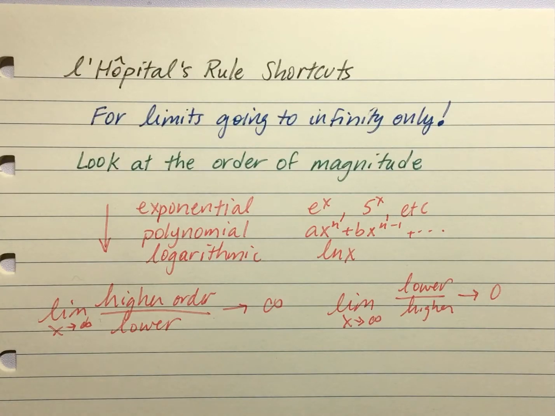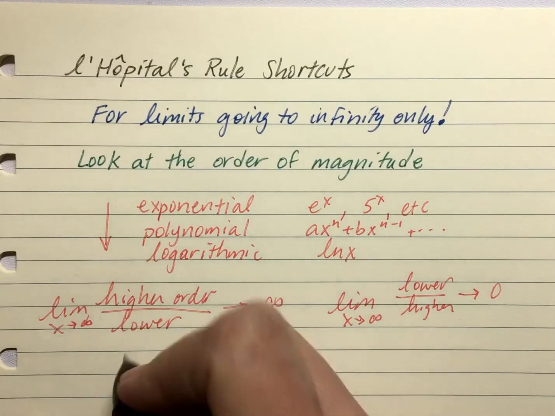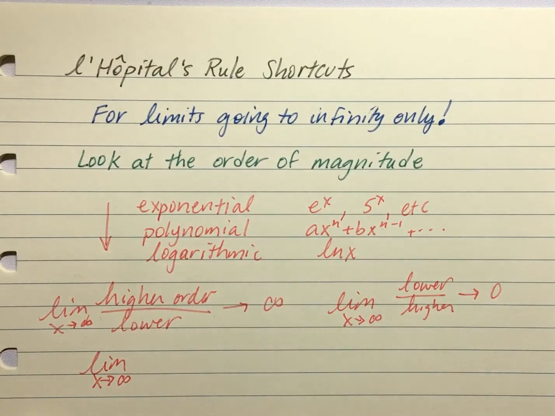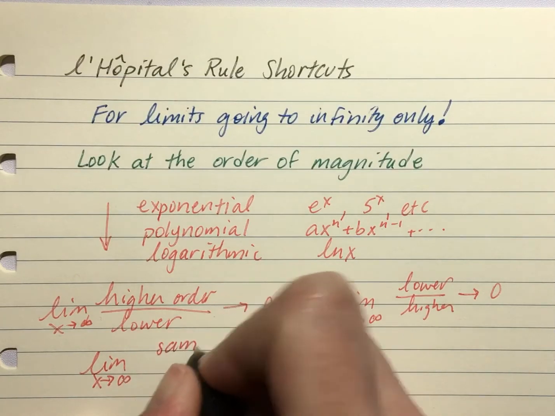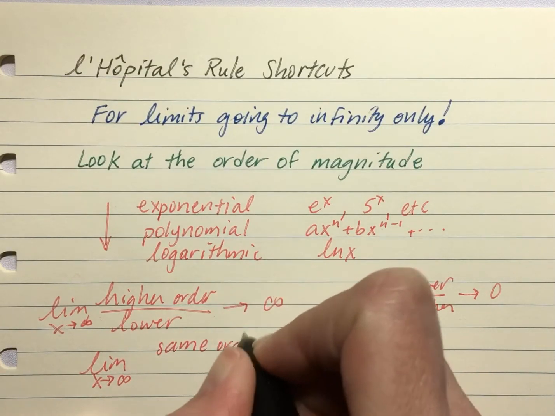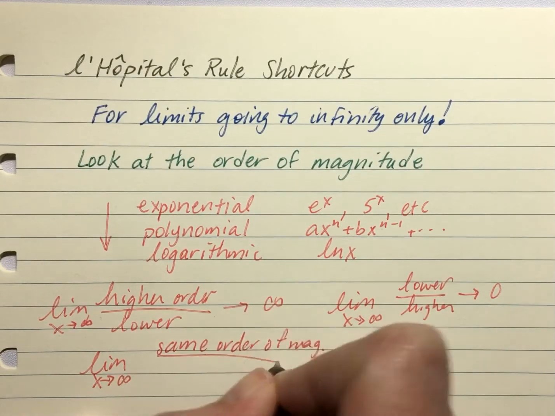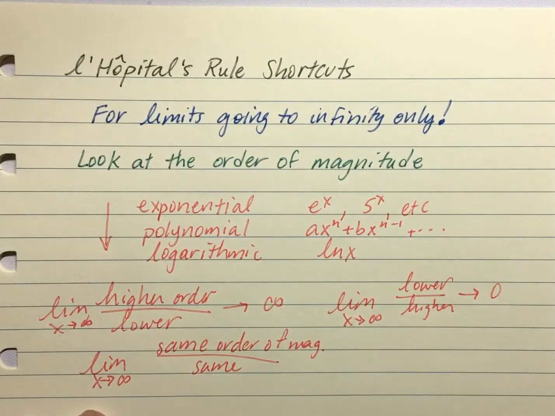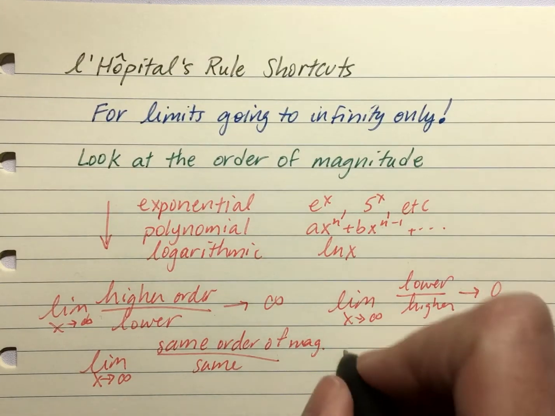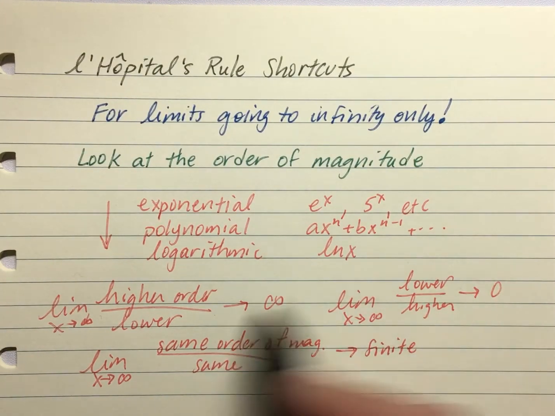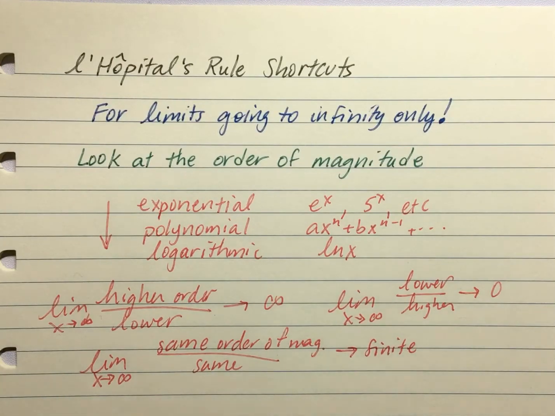So if you have the same order of magnitude, that's when you're going to go to a finite limit. I'm just going to write same on the bottom for the sake of speed. That is going to go to a finite number, something between 0 and infinity. Obviously, it could be negative as well.